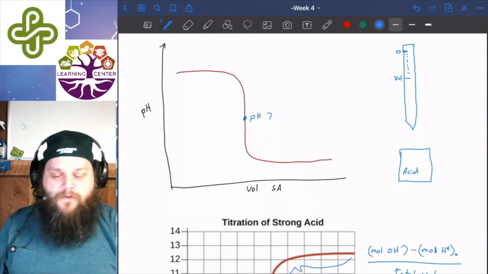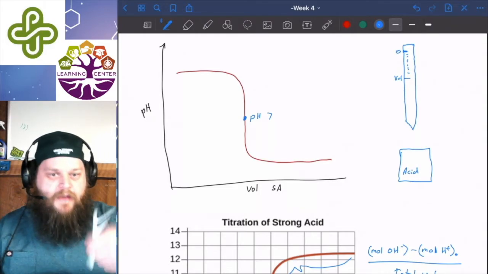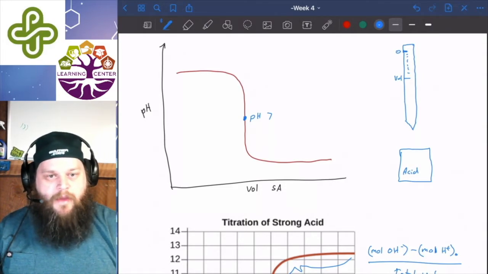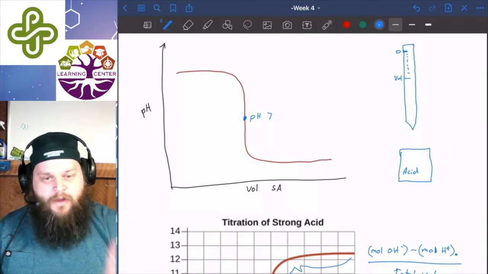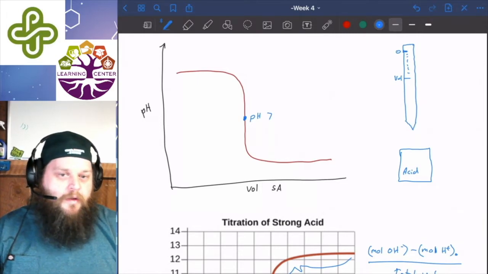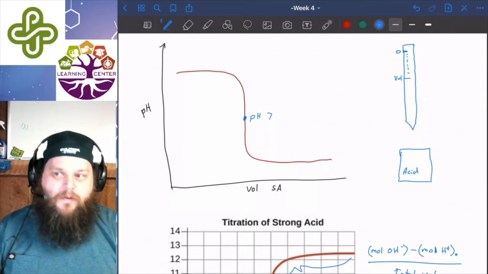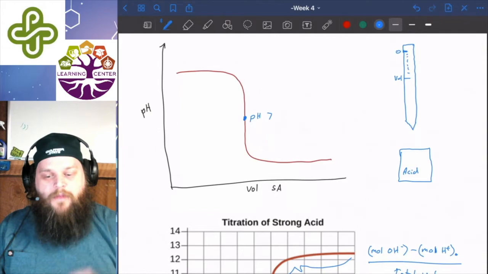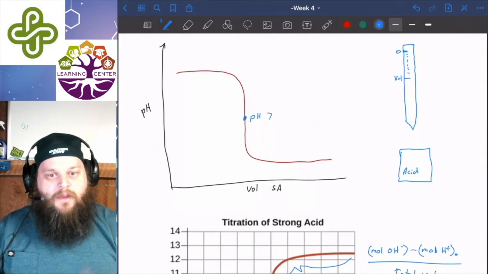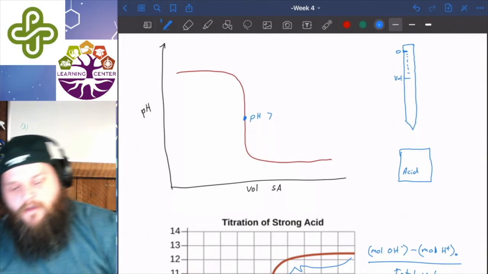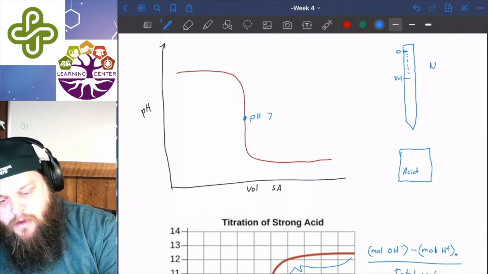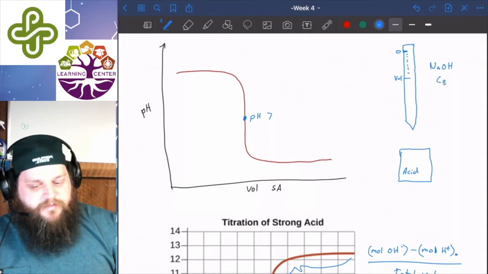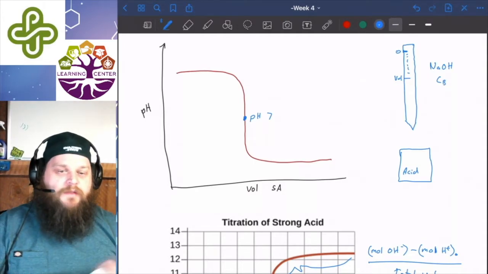So if you're monitoring the pH as you titrate in the base, at certain points when you hit the pKa value, or that half equivalence or the full equivalence, you can stop and measure the volume that you have in there. And knowing the concentration of the base, so we know this NaOH is at a certain concentration, this is a known concentration of the base, we can determine the moles of that base.